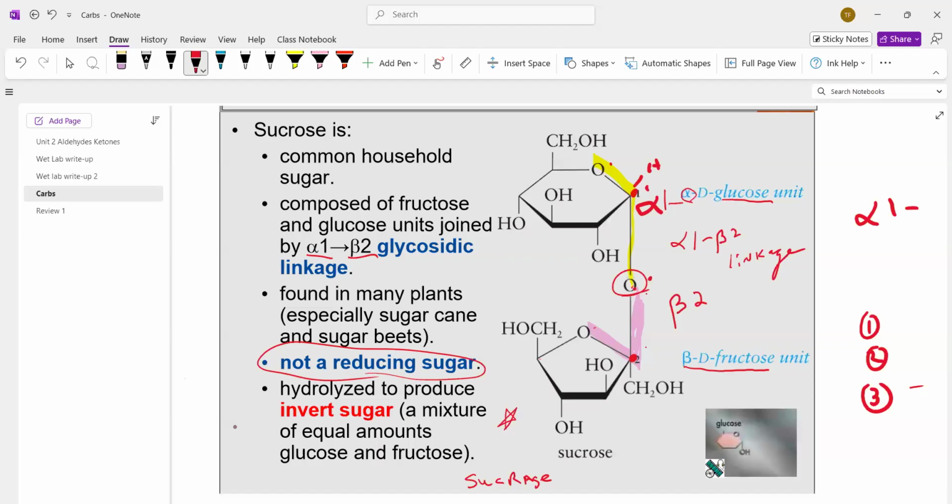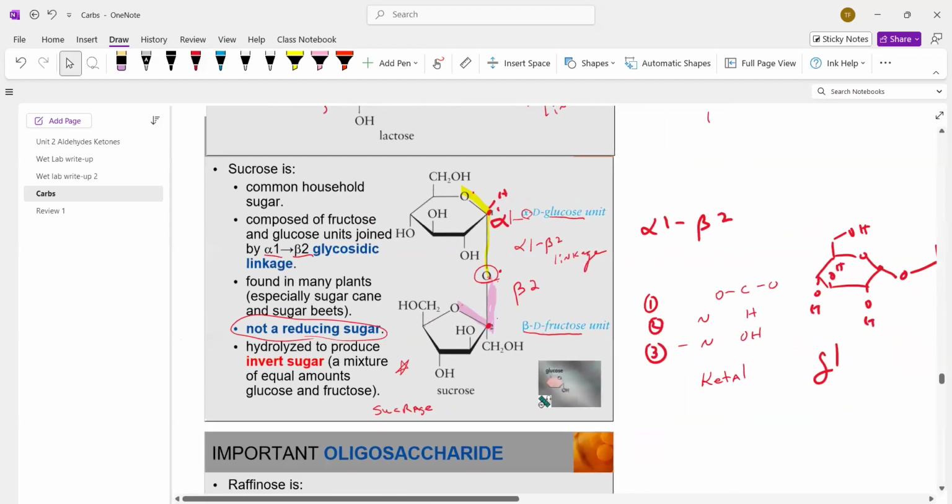Okay, the next thing is, are there hemiacetals present? Well, let's look here. Okay, we have two OCOs here. That means we have to identify and evaluate each one. Okay, let's do the bottom one.